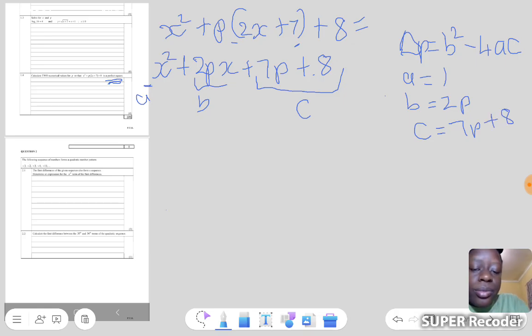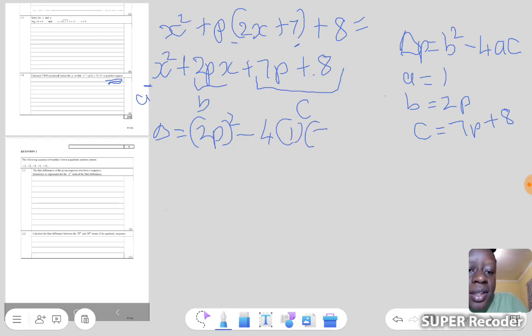I hope you understand that. So delta is equal to b squared, we have (2p) squared, minus 4 times a, which is 1, times c, which is 7p plus 8, like that.